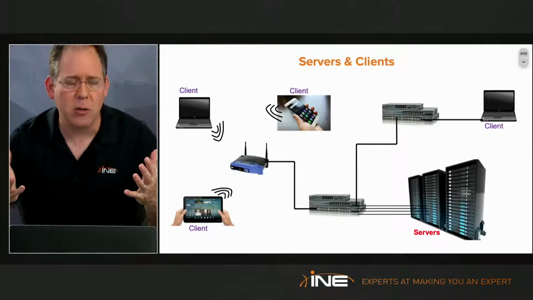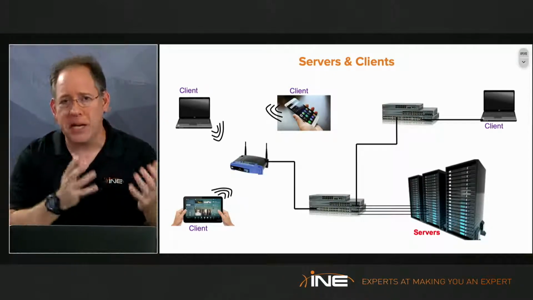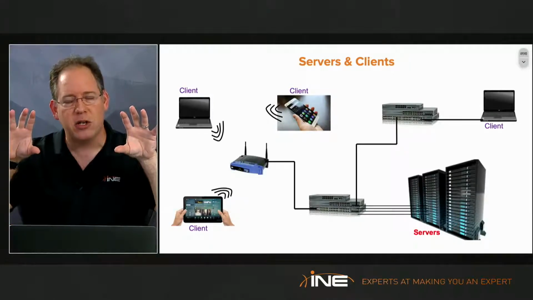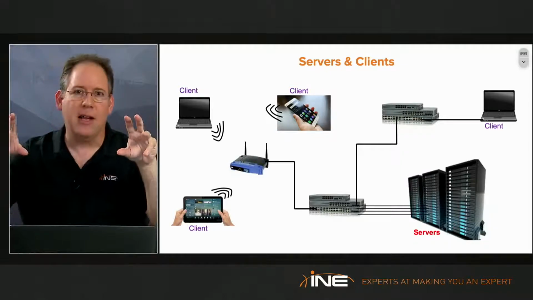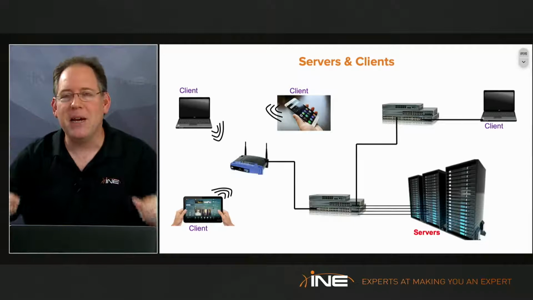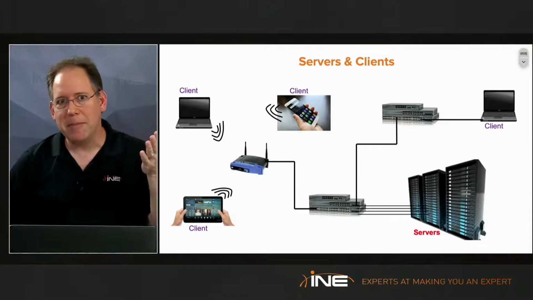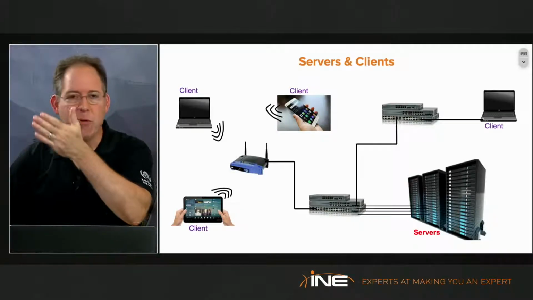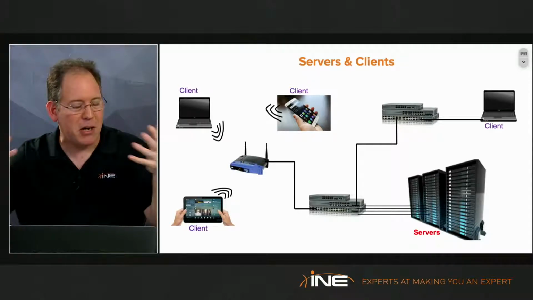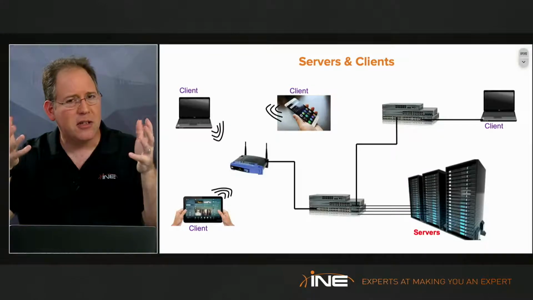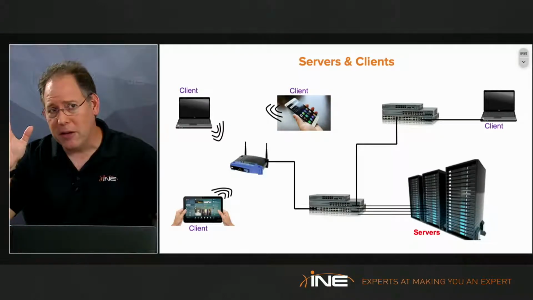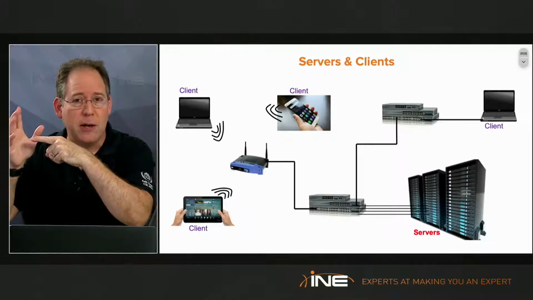Now there is something in networking called peer-to-peer networking, which is when one client is using the network to exchange data with another client. We don't find that very much these days, but maybe an example would be if your laptop is sending a print job to a printer. That could be considered peer-to-peer, but even in that scenario, some people would say technically the printer is a server and you're sending a print job to it.